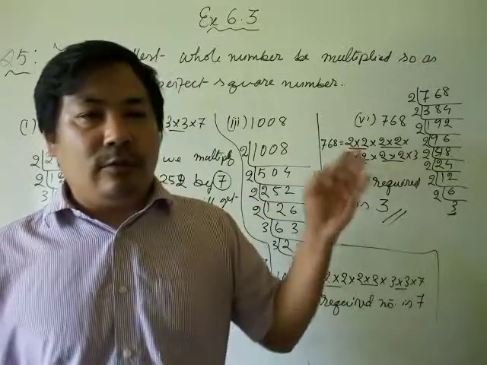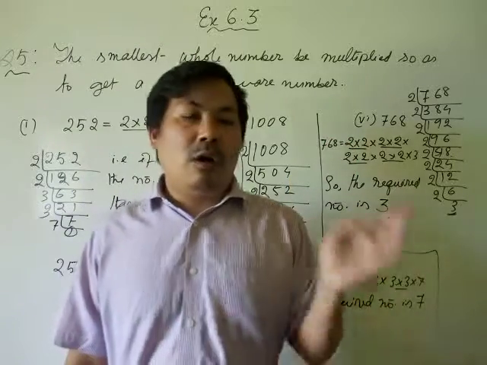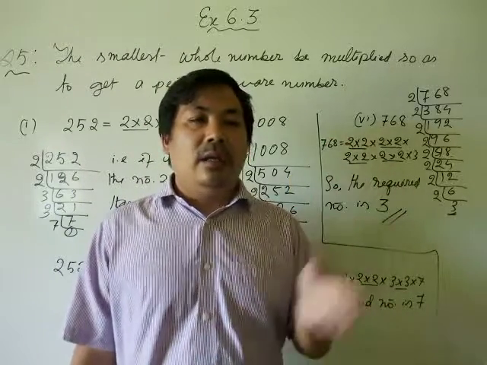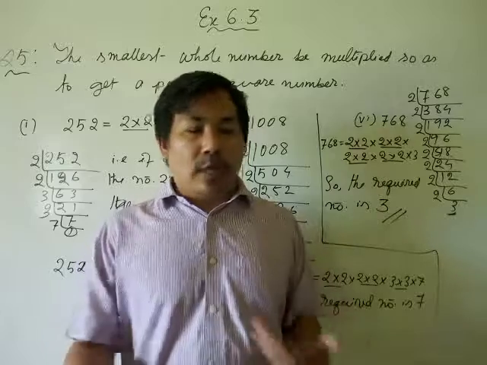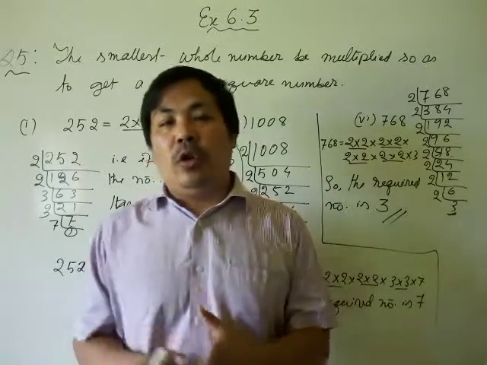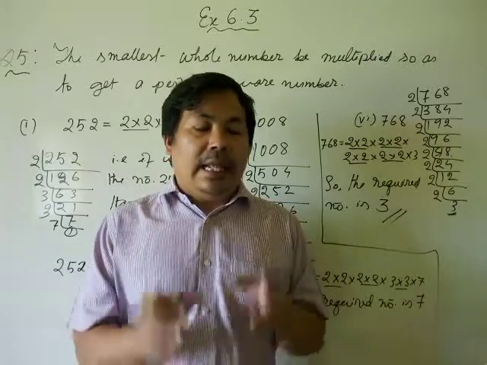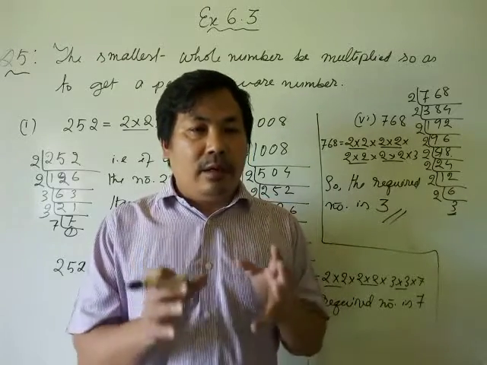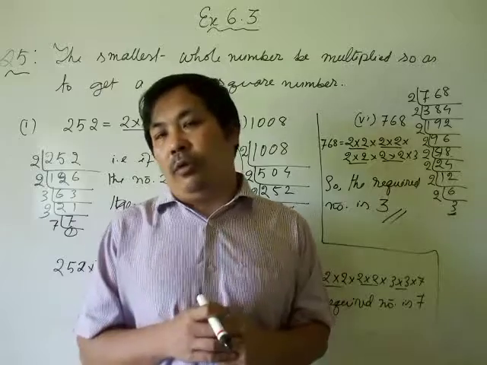Till you get the 0, you have to go on subtracting. Okay, clear? So that you get 0 at the last, and the number of steps taken will be the square root of the given number.